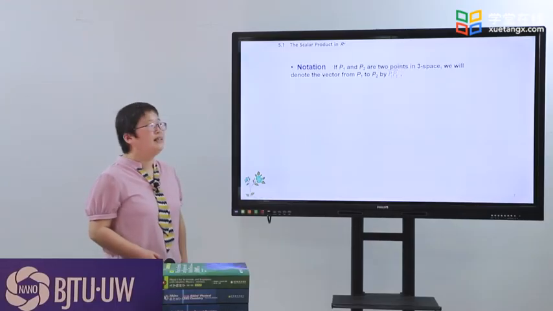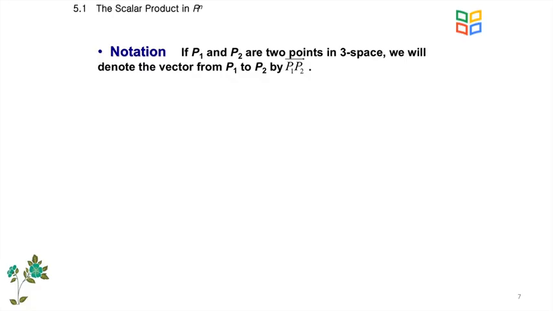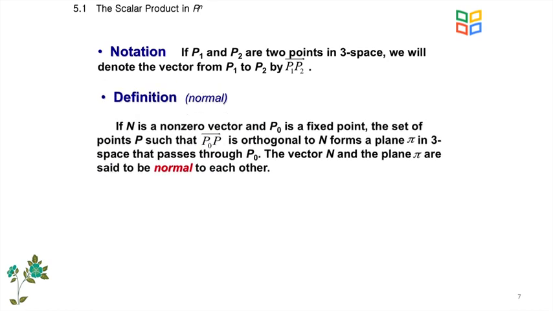Notation: if P1 and P2 are two points in three-dimensional space, we will denote the vector from P1 to P2 by P1P2 with an arrow above it. Definition of normal: if n is a non-zero vector and P0 is a fixed point, the set of points P such that P0P is orthogonal to n forms a plane in three-dimensional space that passes through P0.